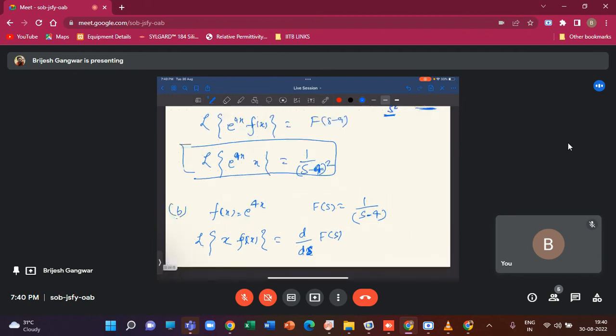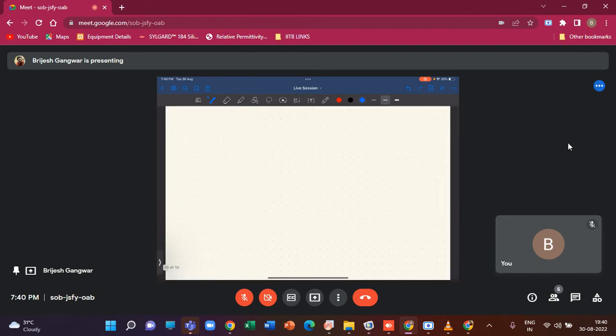So Laplace of x e to the power 4x is equal to minus d over ds of our F(s), which is 1 upon s minus 4. So it will be 1 upon s minus 4 whole square.